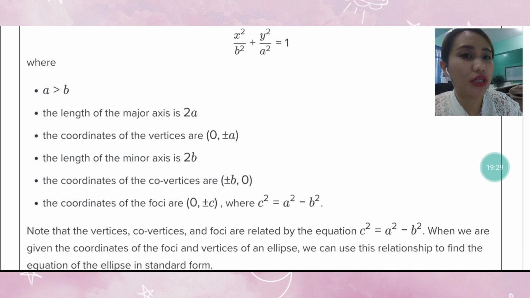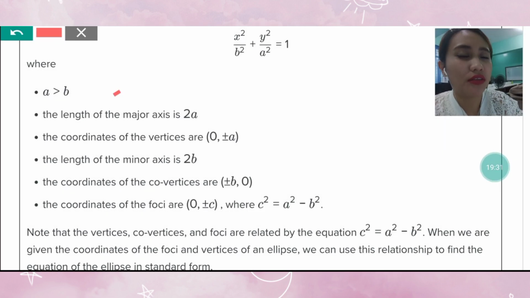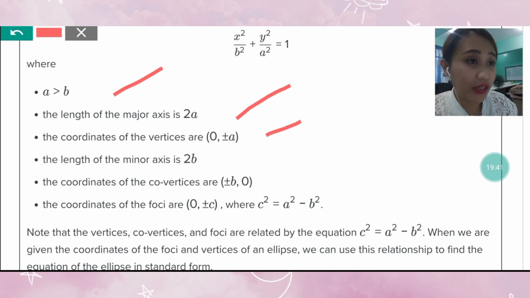Same as earlier, a is greater than b, the length of the major axis is 2a, and the coordinates of the vertices are 0, positive, negative a. This time, the x-coordinate is 0 because the major axis is now on the y-axis. The length of the minor axis is still 2b, but the coordinates of the co-vertices are positive, negative b, 0, since this time our minor axis is on the x-axis.